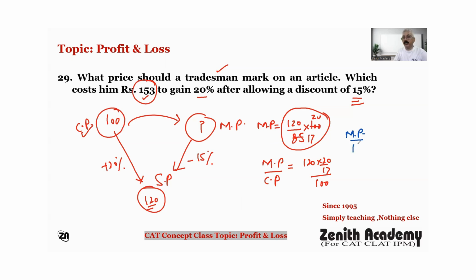Mark price upon 153 is equal to 120 into 20 by 17 into 100. This cancels, 17 9s. So the mark price is 12 2s are 24 into 9, 9 4s are 36, 216. This mark price is 216.